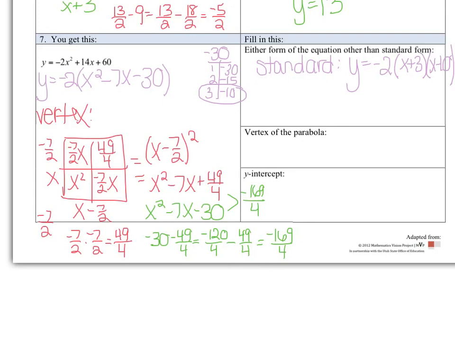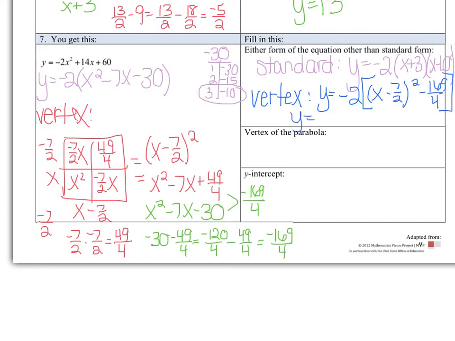So what we have for our vertex form is going to be y equals negative 2 times x minus 7 halves squared minus 169 fourths. We need to multiply out the negative 2, but again, we cannot distribute it to inside the binomial. It stays on the outside.